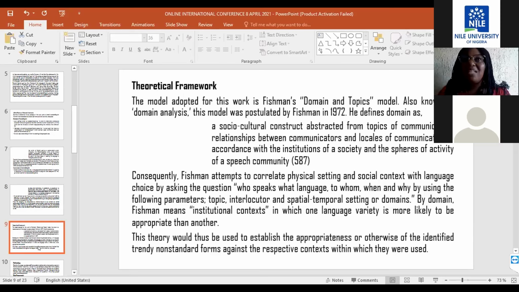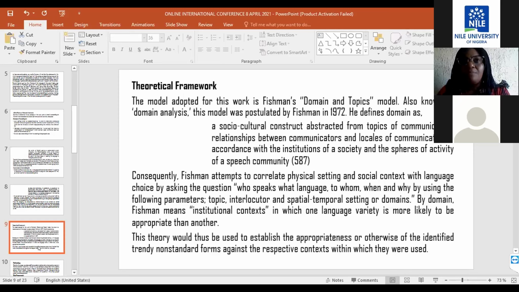Is it a school setting? Is it a classroom setting? Is it a workshop setting? Is it a home setting? Then, of course, topics. What are the interlocutors talking about? What is the topic of discussion?